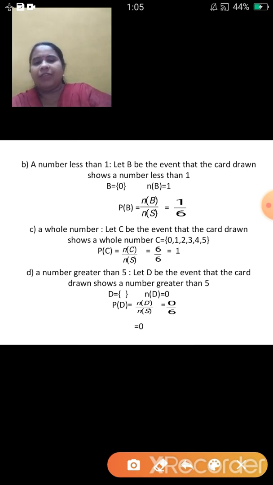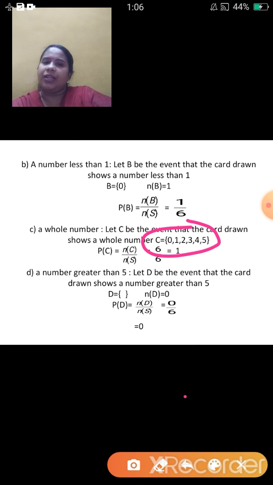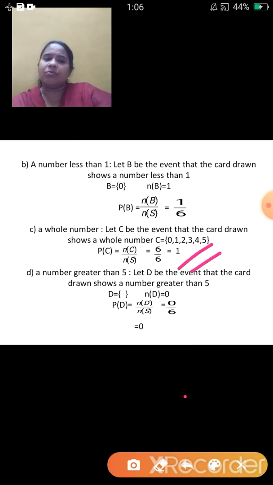Now what type of set is this? When all the elements of the sample space are there in a particular set, then that event is called a sure event or a certain event. In such cases only, the probability is 1. So many sums of probability we have done till now, and all those answers were fractions, which were always less than 1.